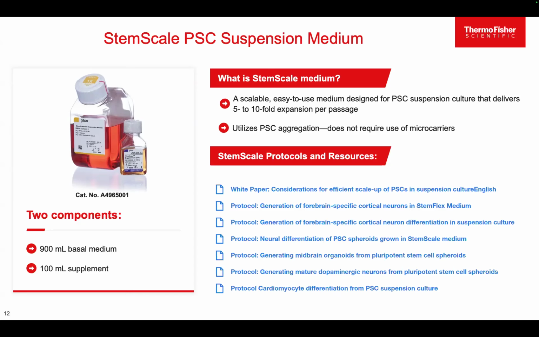As far as differentiation products go, to kick us off here, we have a number of products that align well with our suspension medium, STEMscale. And again, this is not a plug for STEMscale whatsoever, but I think this is important because now we can begin to focus on elucidating the 3D portion of differentiation, allowing us to make much better models that more closely recapitulate the human state.